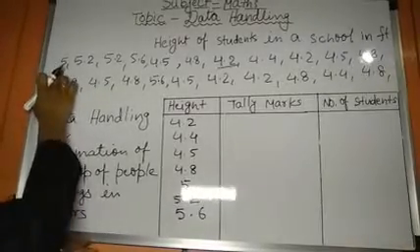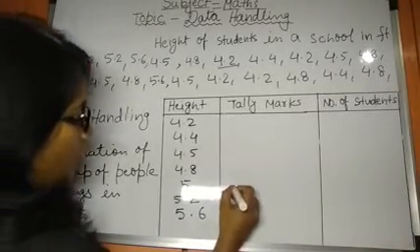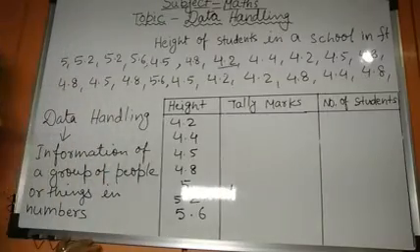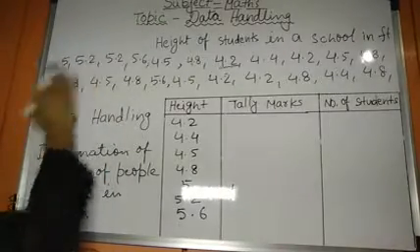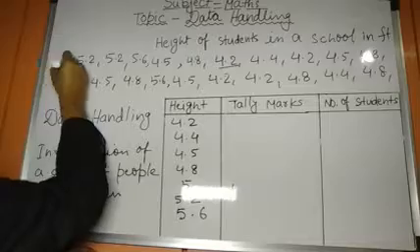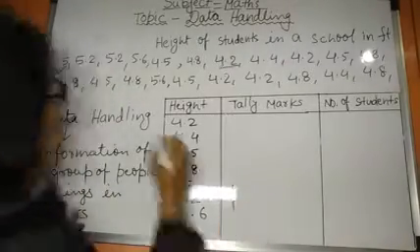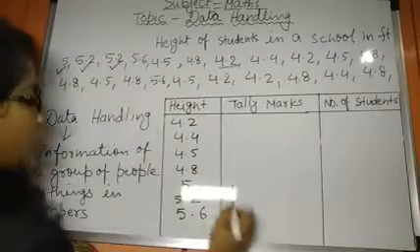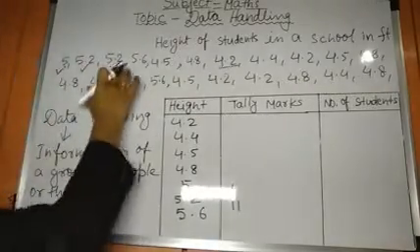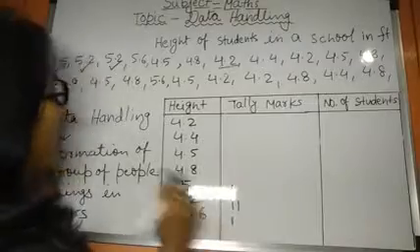Now we will check how we can find out how many people are there. So first data is 5. We will put one standing line. Now 5.2, this data is over. Now 5.2, 5.2, 1, and this second one. So 2 lines. Now 5.6, 1 line.